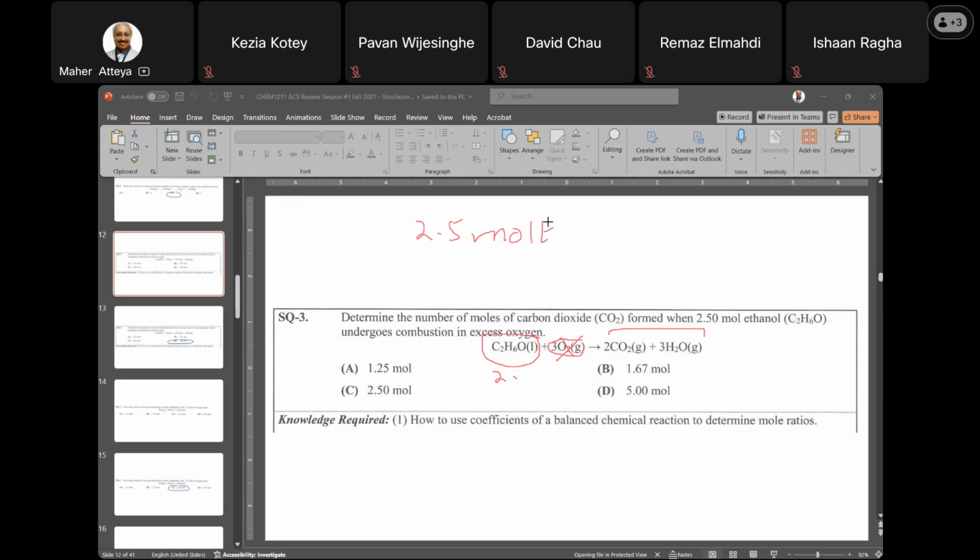Ethanol, so I put ethanol here over 1. I need to get the moles of ethanol out. I look at the equation: I have 1 mole of ethanol, and it produces how many moles?